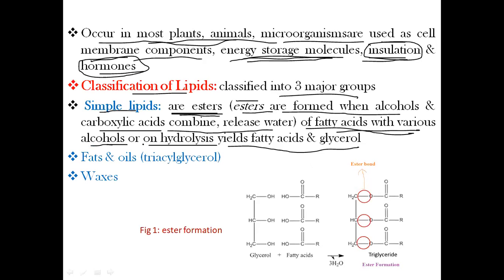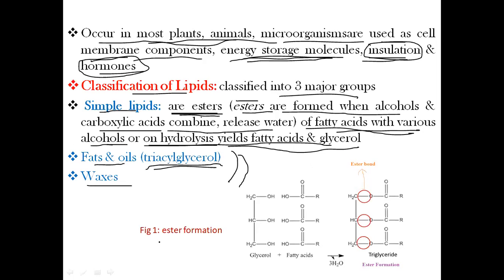Simple lipids are those molecules which on hydrolysis yield fatty acid and glycerol. Simple lipids contain fats and oils, which are collectively known as triacylglycerol, and waxes. These two are the examples of simple lipids.